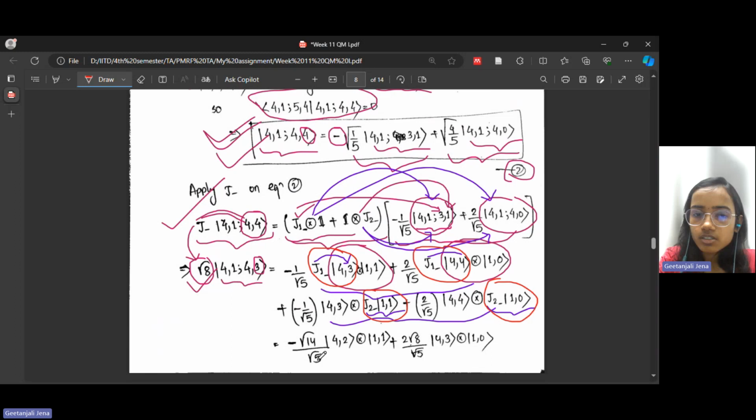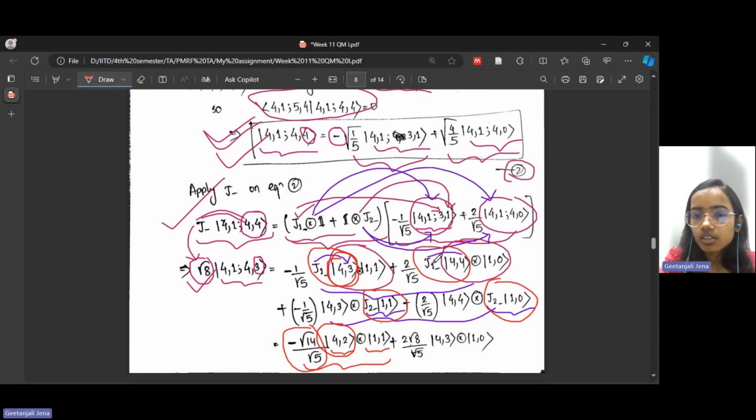So if you see the first term, initially there was 4, 3. Now when J1 minus acts on it, it will change to 4, 2. The next ket 1, 1 will remain unchanged. And these are the coefficients that we have to calculate by taking the root of J1 into J1 plus 1 minus M1 into M1 minus 1.